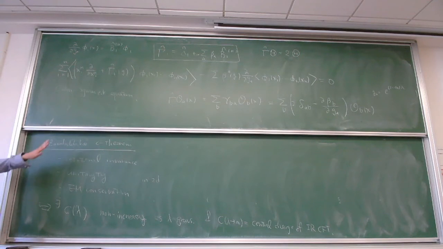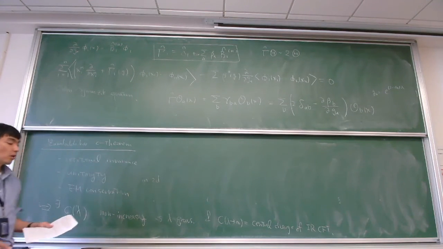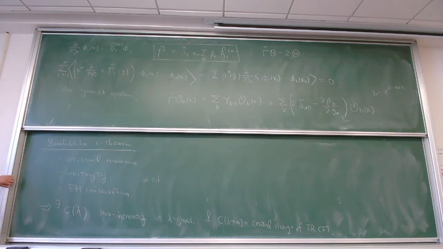If you assume rotational invariance in two-dimensional theory, unitarity and energy momentum conservation, then there exists some function C which depends on the scale lambda, such that it's non-increasing, in most cases it just decreases as lambda grows, and when you go to the IR fixed point, it coincides with the central charge C of the CFT.